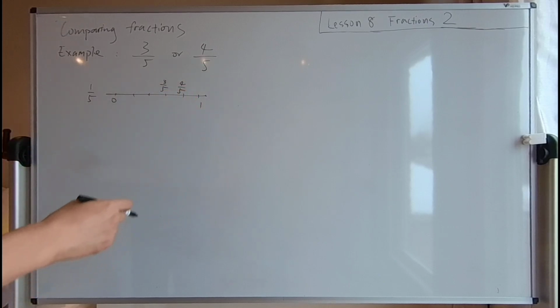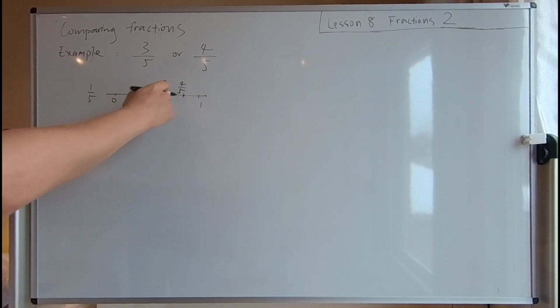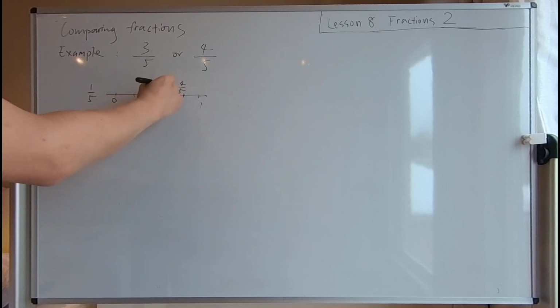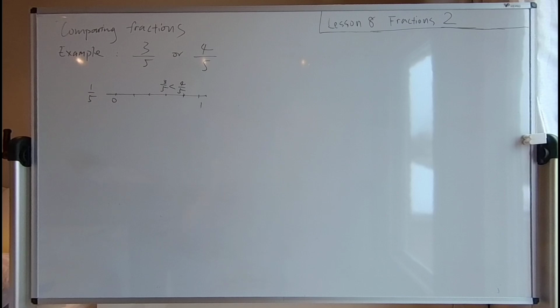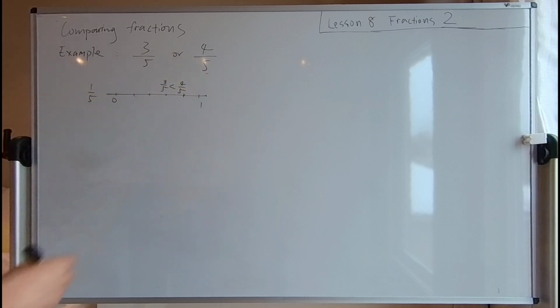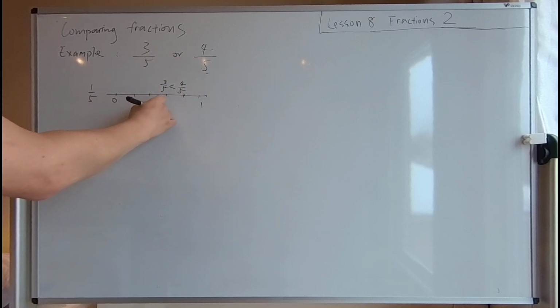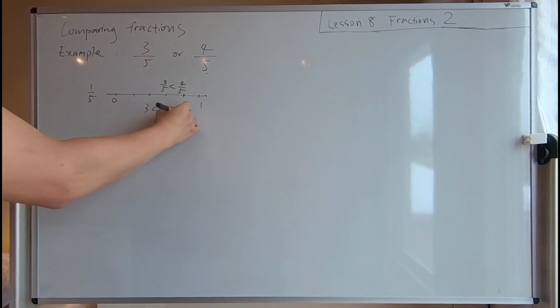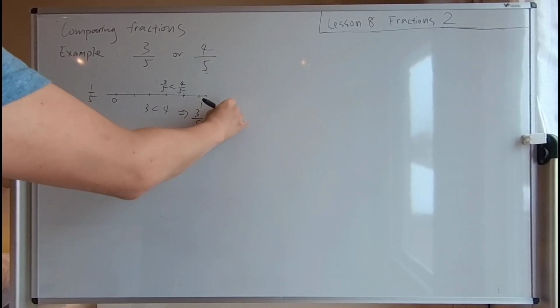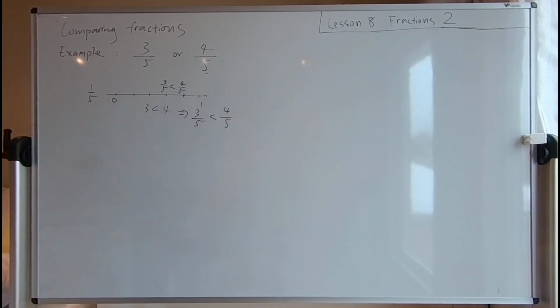is 1. So we can easily tell from the number line that 4 over 5 is on the right hand side of 3 over 5. So 4 over 5 is greater. Or in another way, because they have the same denominator, if 3 is less than 4, we can tell that 3 divided by 5 should also be less than 4 divided by 5.